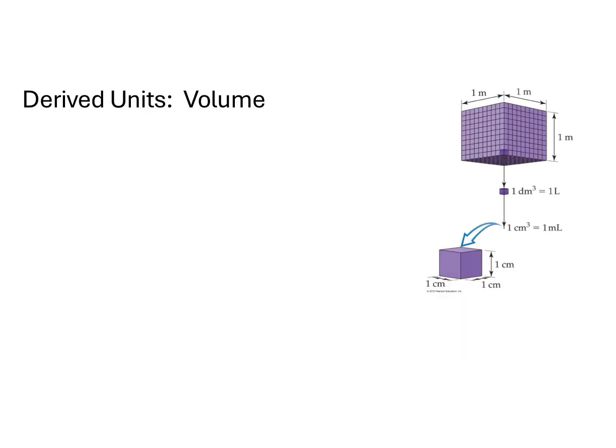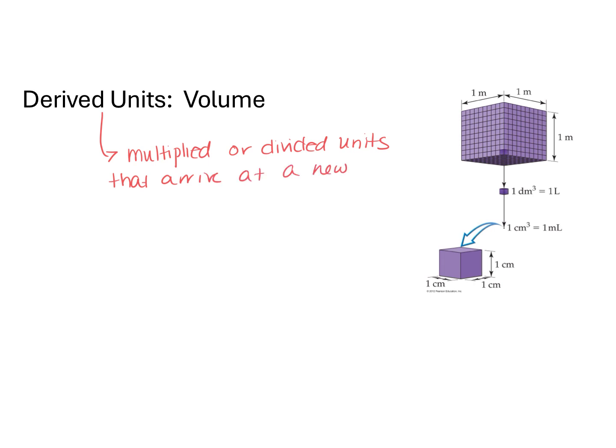Let's talk about volume for just a second. Volume is a derived unit. When we say derived unit, basically we get to a derived unit by saying, hey look, you have these units multiplied or divided that arrive at a new unit.